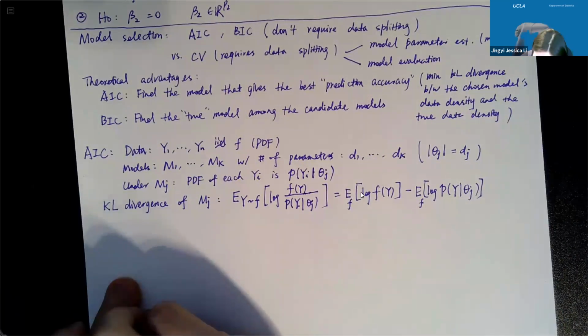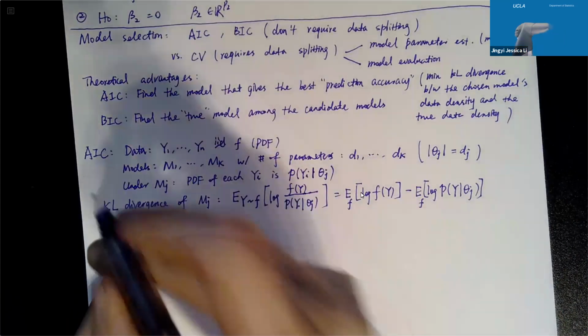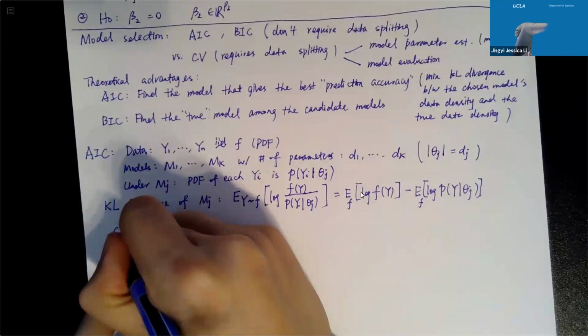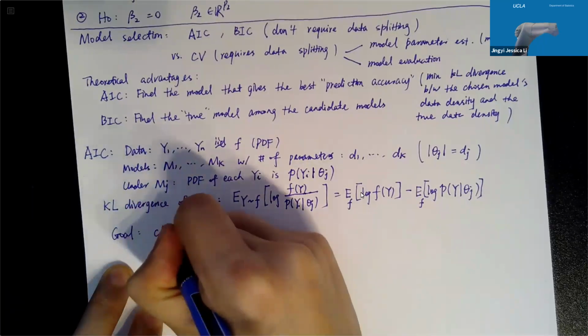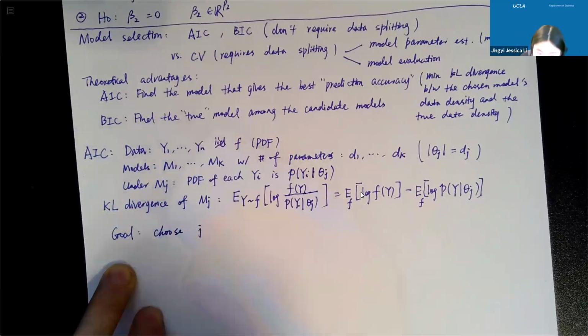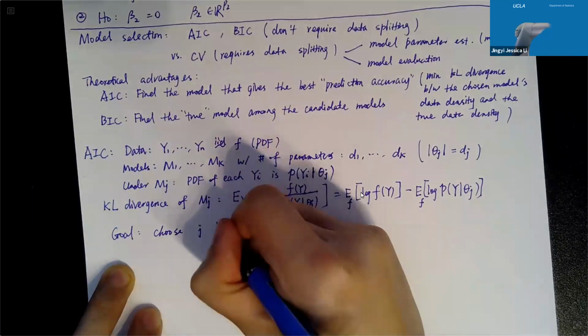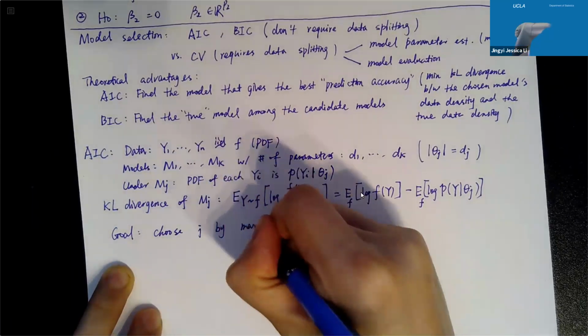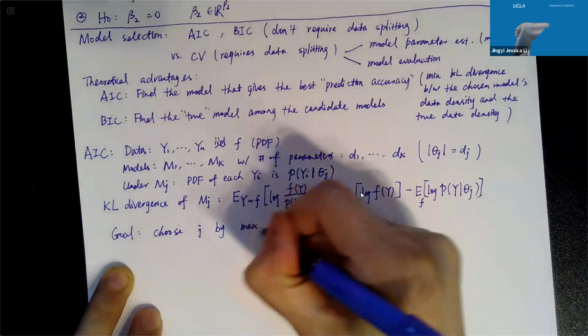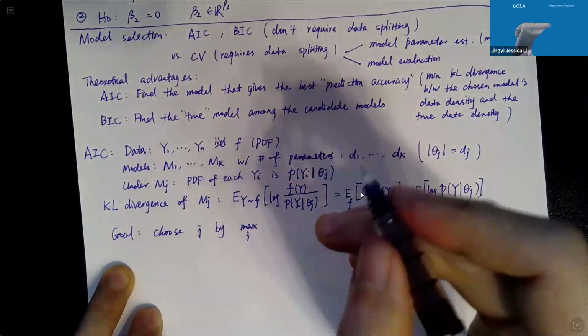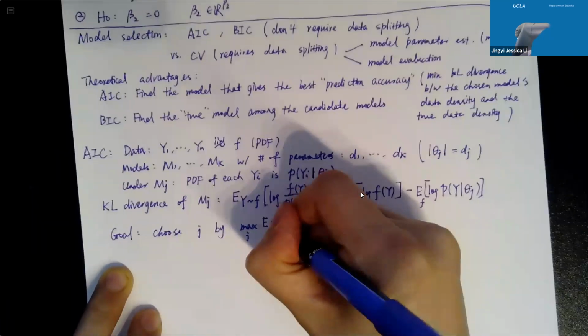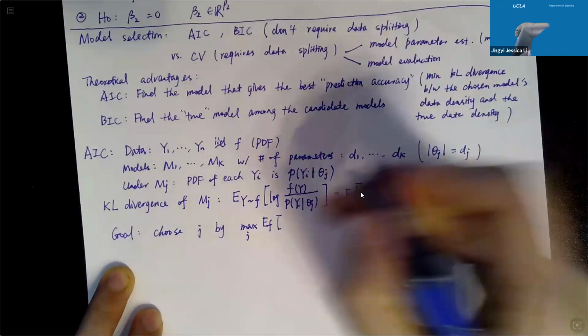So what we want is to choose J by maximizing, over all the possible J, the expectation.